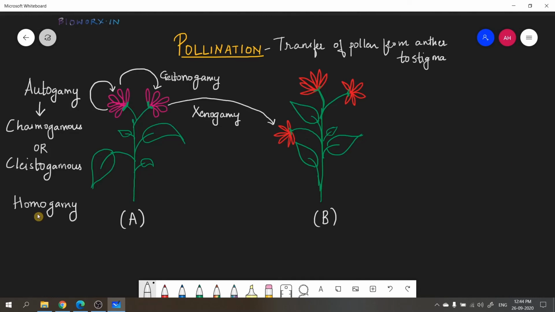In other words, anther becomes mature and the stigma becomes receptive at the same time. And this is very, very important for self-pollination to take place. If they do not mature at the same time, self-pollination will not be achieved, right? So homogamy and you can say bisexuality is one condition that always favor autogamy or self-pollination.